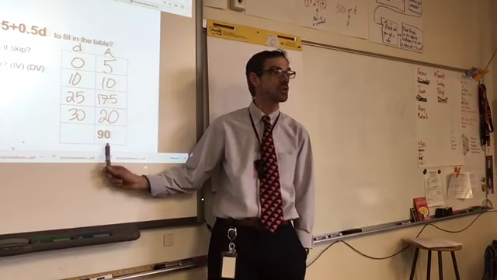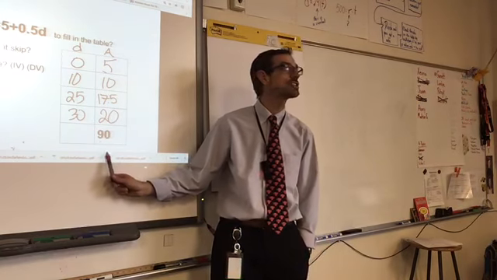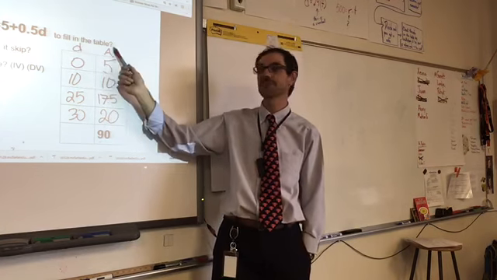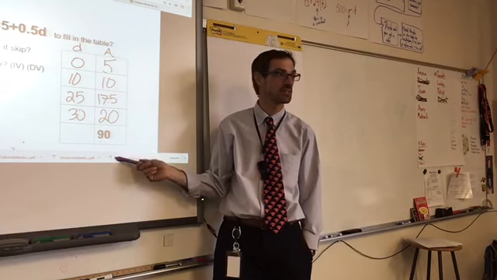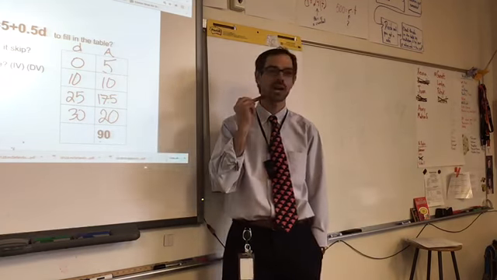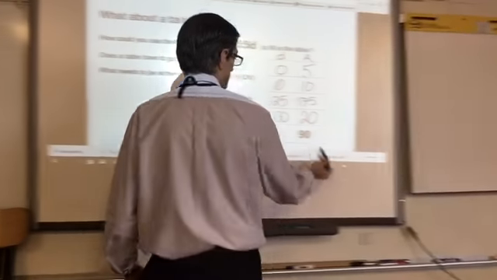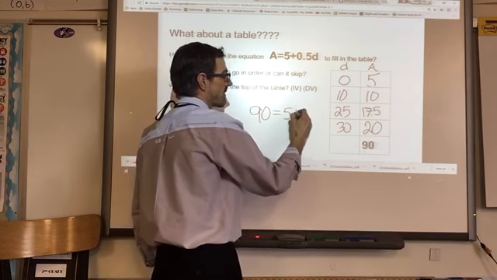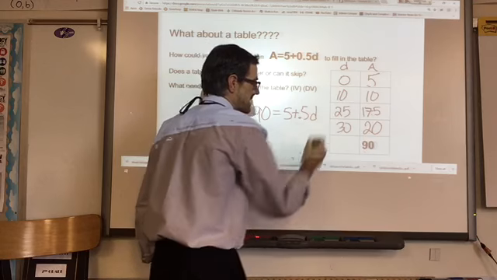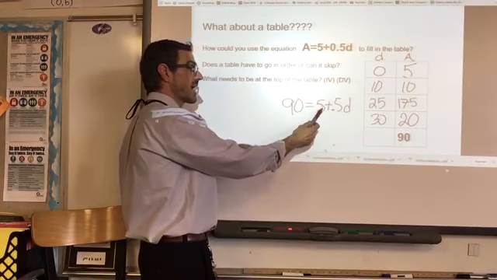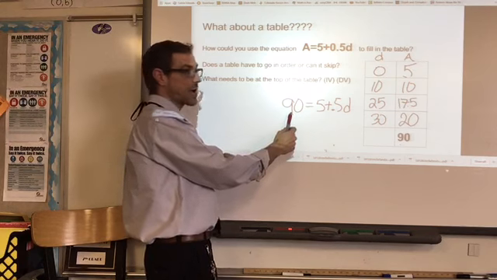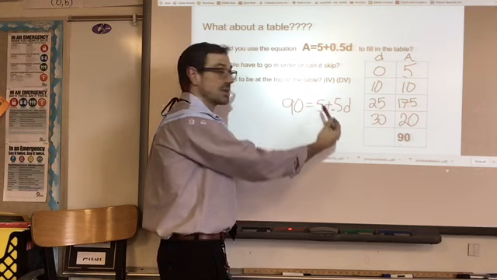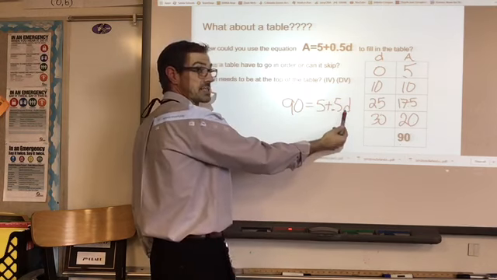So now, what about this? What would I do if, instead of putting a number in for my independent variable, I find out what my dependent variable is? So now, instead of putting it in for D, I put it for A. So now I have 90 equals 5 plus 0.5 times D. I have to subtract 5 from both sides because I want D by itself.